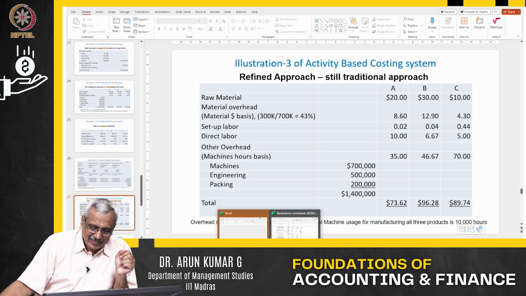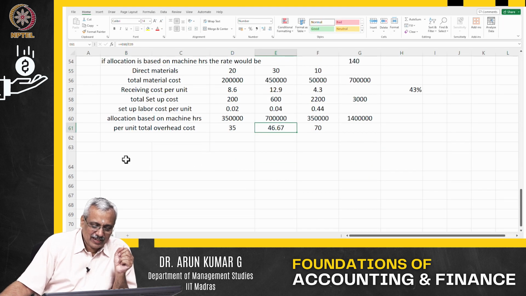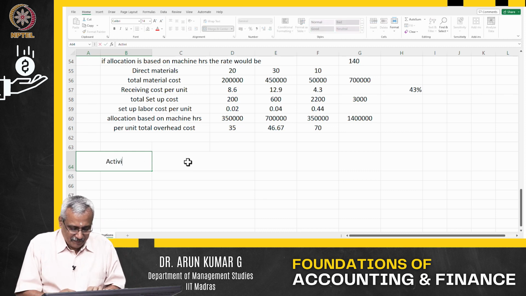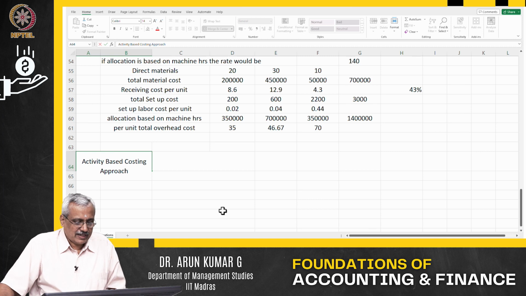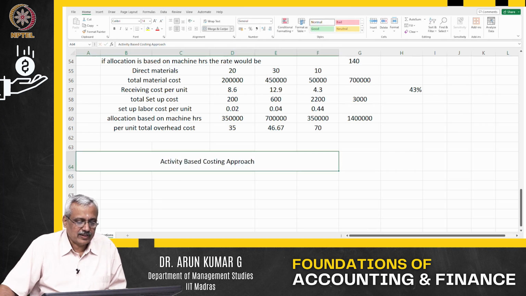So let us use the activity based costing method using this particular Excel sheet. The activity based costing approach is what we will basically use in this particular case.